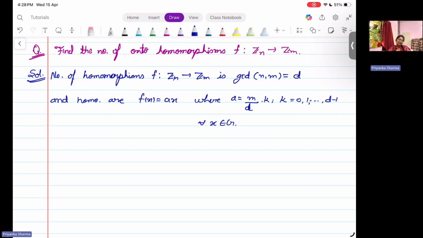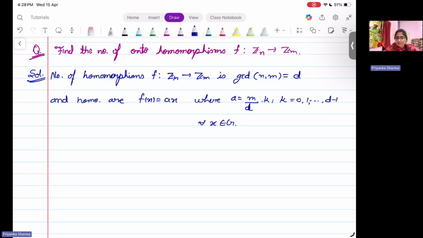Now we need to find which one is onto, which one is not. So how to do that? What does an onto function mean? Onto means in this group Zm, under this type of function, every element has a pre-image.